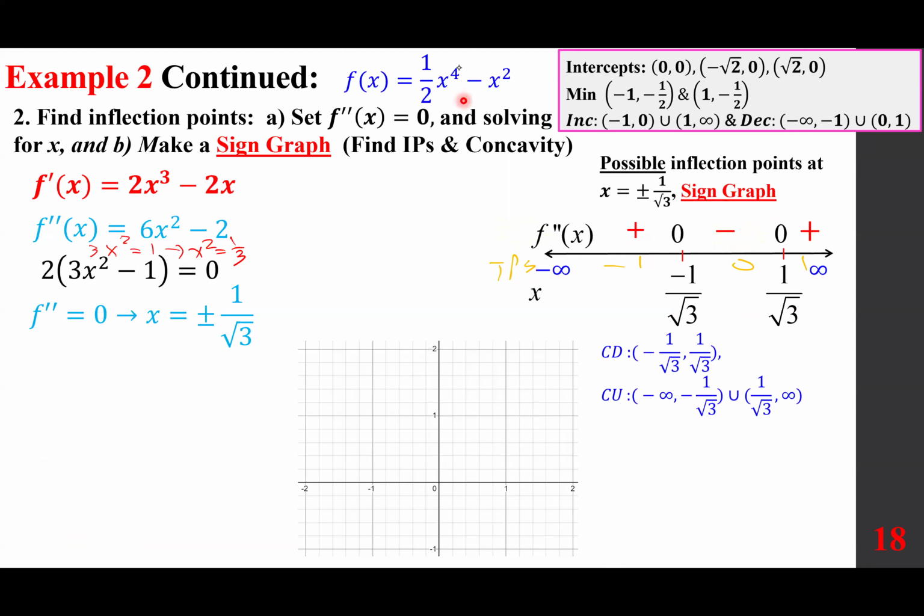And because the exponents in both cases is 4, you can do them at the same time. Plug in 1/2 times plus minus 1 over square root of 3 to the power of 4 minus, the parenthesis plus minus 1 over square root of 3 quantity squared.